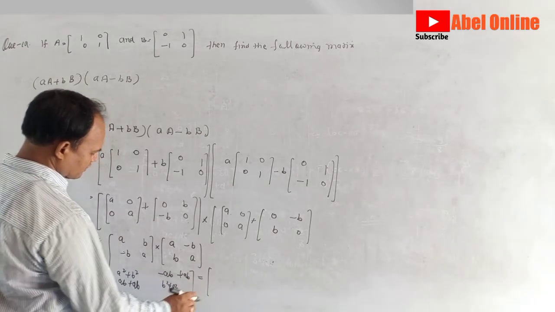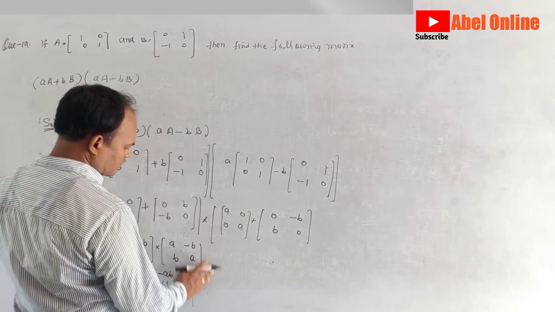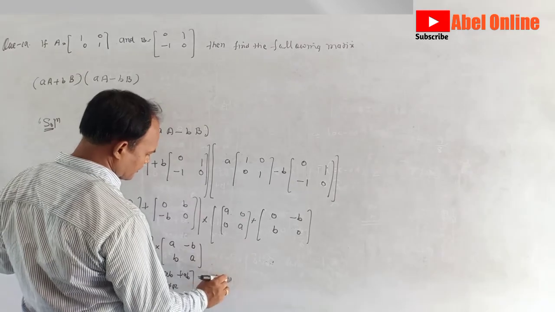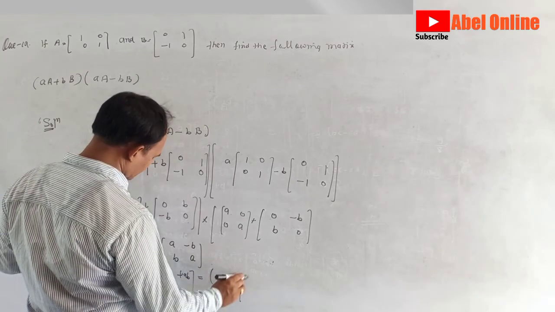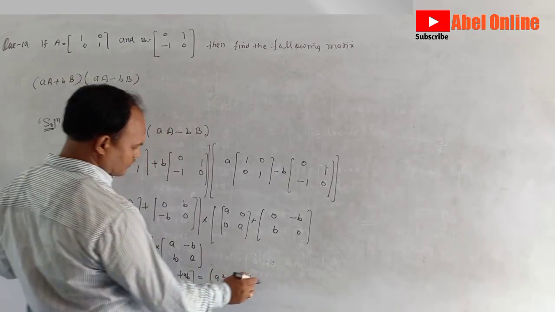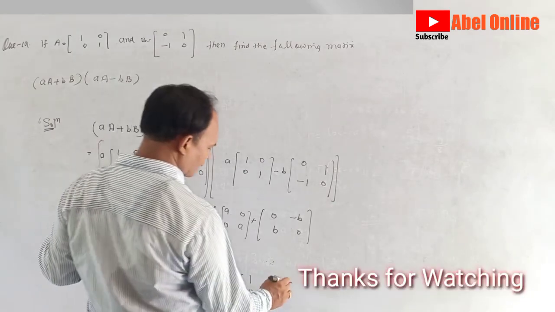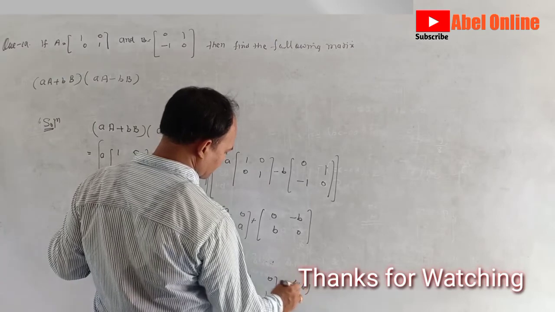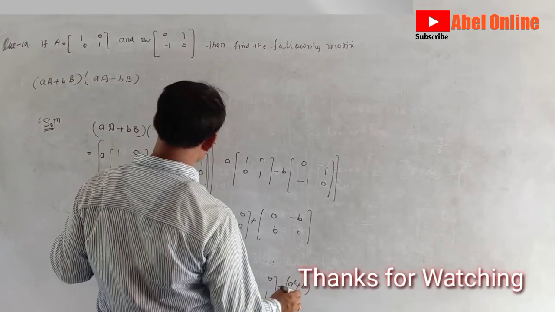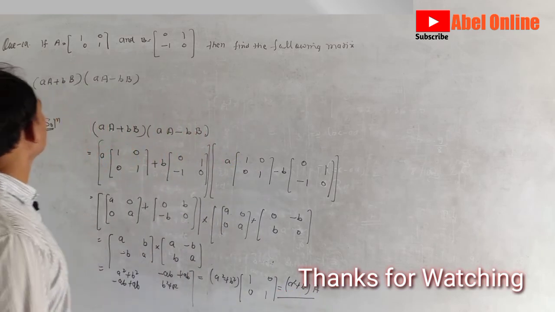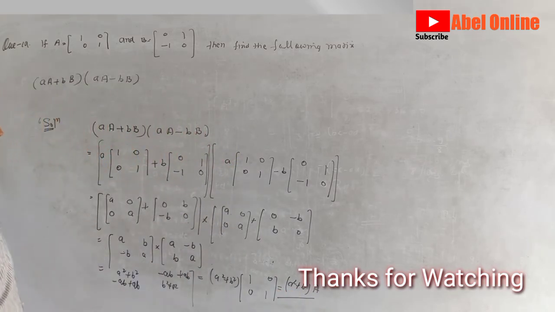So what is the answer? Students, A square plus B square is common. So it is 1 0 0 1. So it is A square plus B square multiplied by 1 0 0 1, which is the identity matrix. So this is your answer, A square plus B square multiplied by the identity matrix.